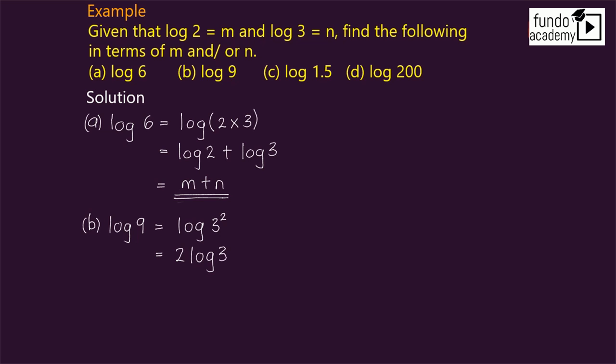If you remember our law of logarithm, the logarithm of a to the power of x is the same as x times the logarithm of a. So that is the law that I have used right here. So I'm almost through, because now the logarithm of 3 I've been given in the question to be n. So my solution will simply come out as 2n.